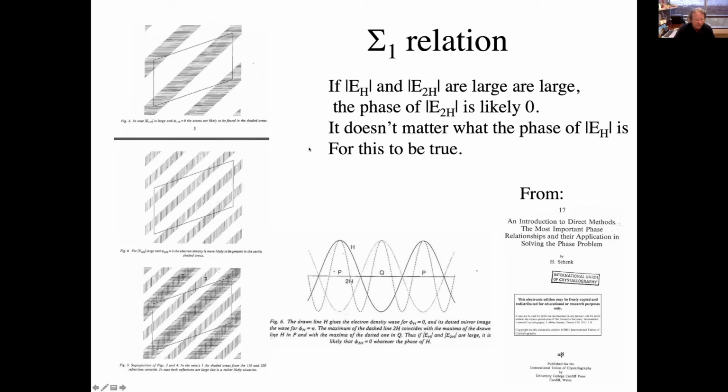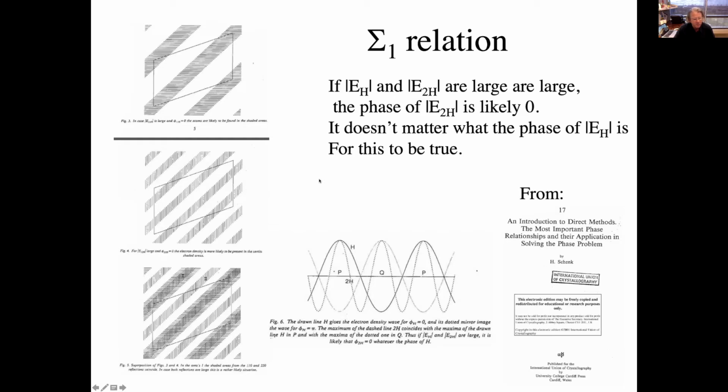And now if we want to look at the E2H, which would be the 220, it could have a phase of 0 or pi in this particular case. If the phase were pi, it would start at 0.